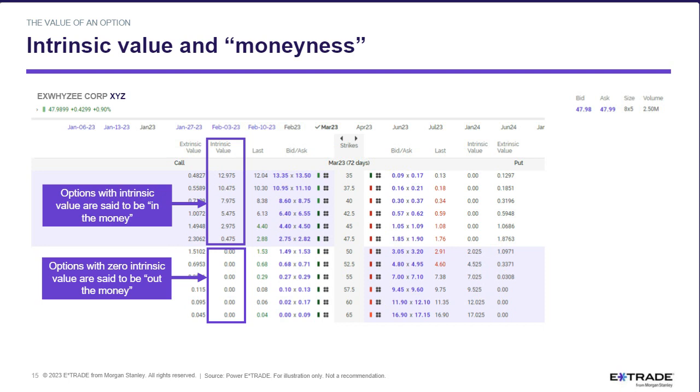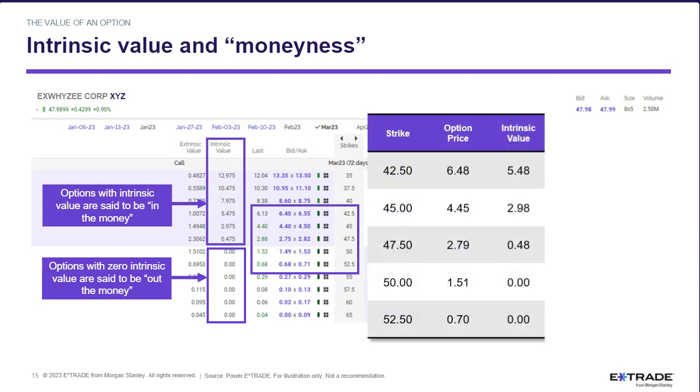So let's focus in on these particular strikes. So first off, the extrinsic value column is right next to it, but it's just, again, the difference between the strike price and the current price of the stock. So the $42.50, the price of the option is $6.48. By the way, I'm just using the midpoint between the bid and the ask for that option price.